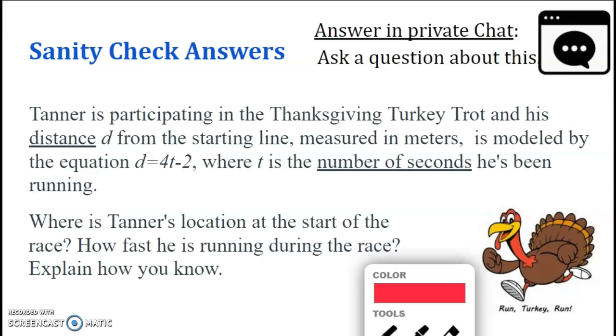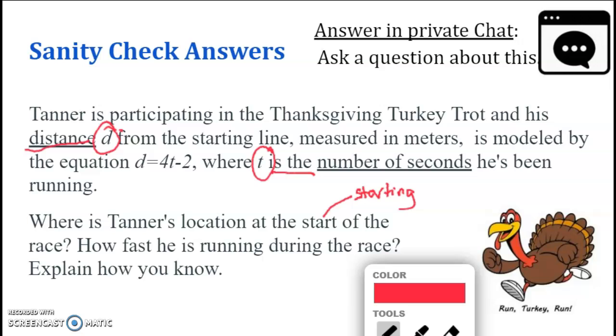So t is the number of seconds, and d is the distance from the starting line. Where is his location at the start of the race, and how fast is he running during the race? Okay, so where is the location at the start of the race? What are we asking? Starting point. We're asking the starting point.